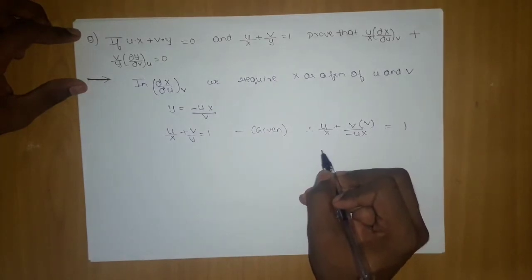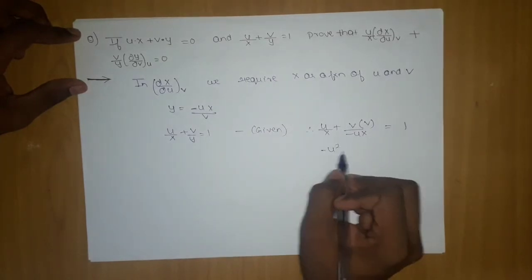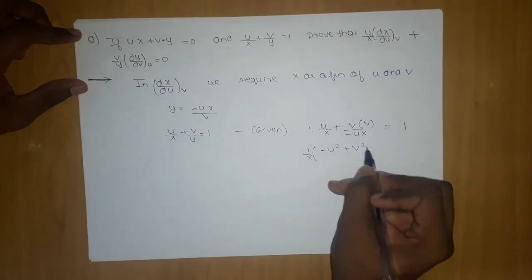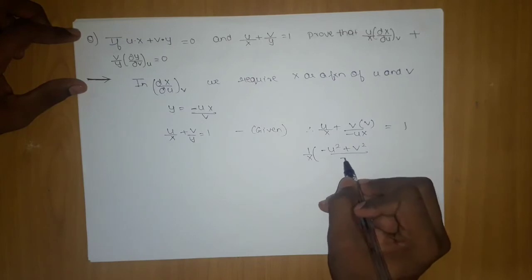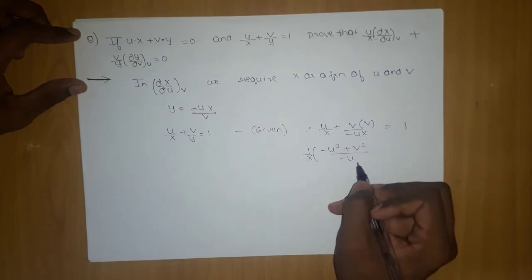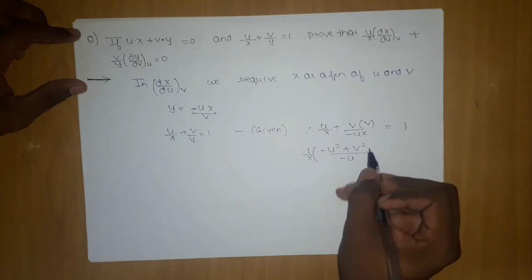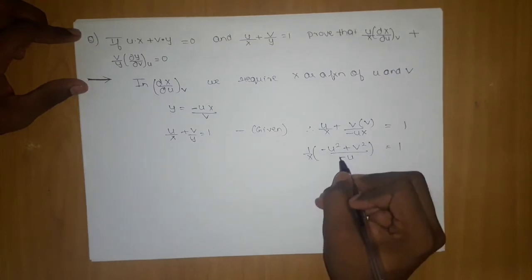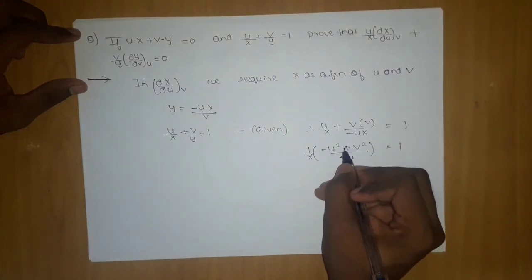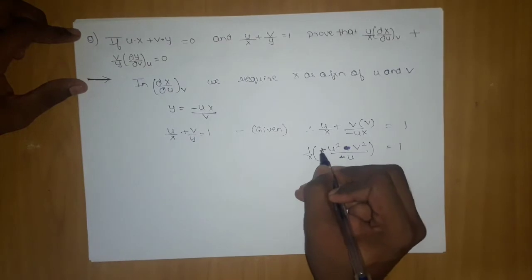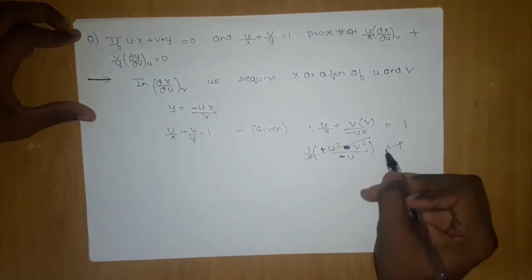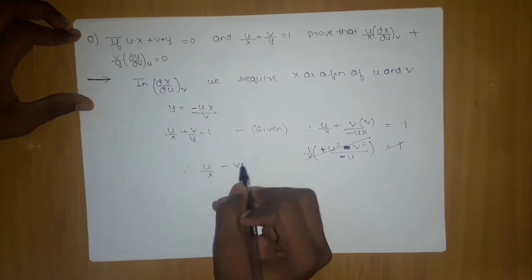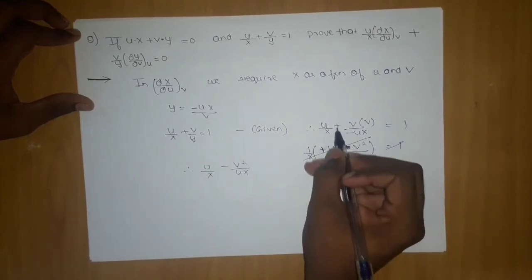What I am going to get is u by x minus v square by ux equals 1, and I move the sign here.